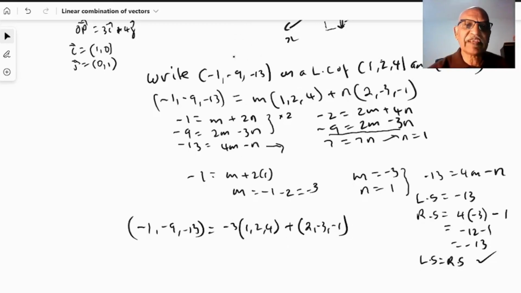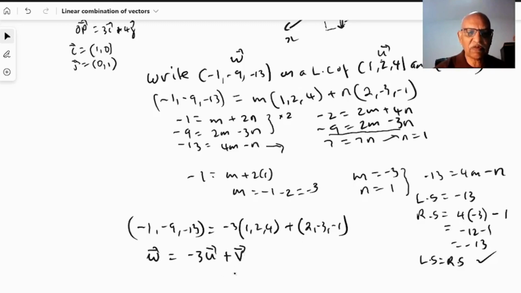Or if I call this one w vector, and this was u, and this was v, I write vector w is equal to -3 times vector u plus 1 times vector v.